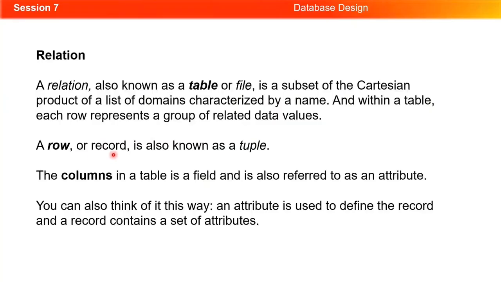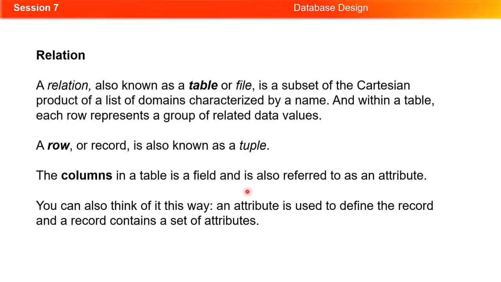A row or a record, also known as a tuple or an instance. If you're familiar with a spreadsheet, an Excel spreadsheet or any type of spreadsheet, you're familiar with a table. You have the rows and you have columns.